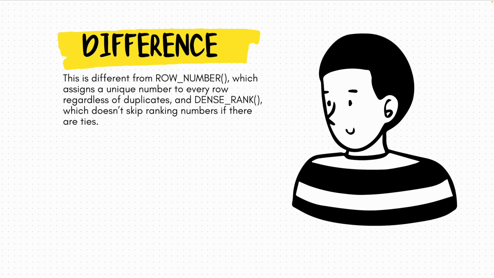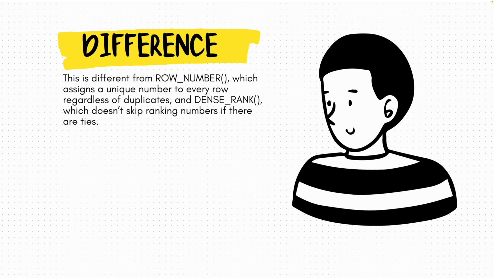Dense rank, on the other hand, does the same thing as rank, the only difference being that it doesn't skip the next number. Alice and John had the same salary and were given rank 2, whereas Robert was given rank 4 using rank. In dense rank, Robert will have rank 3. So dense rank doesn't skip the next number.